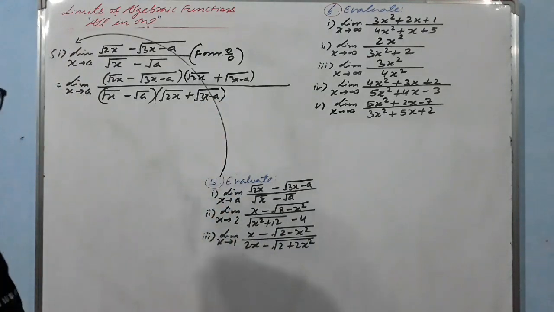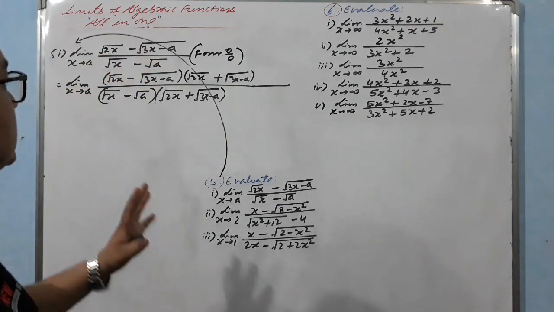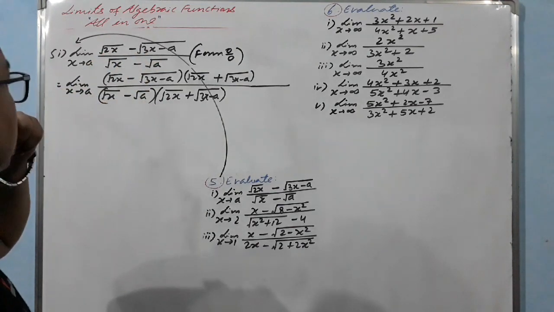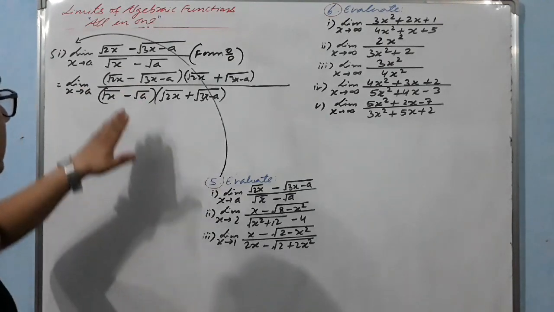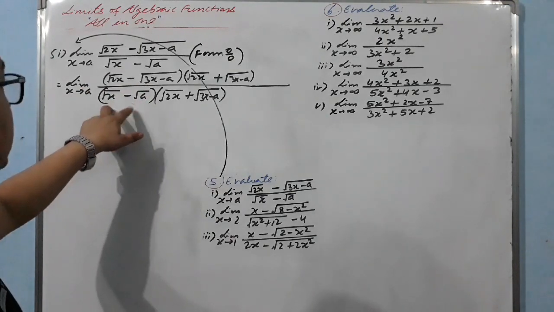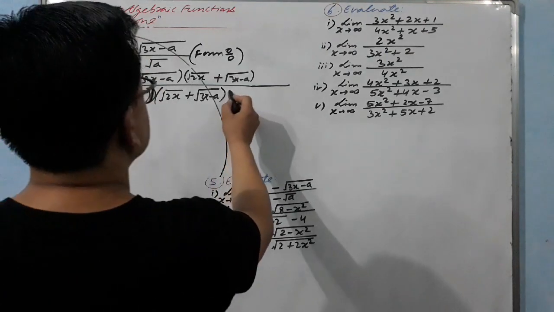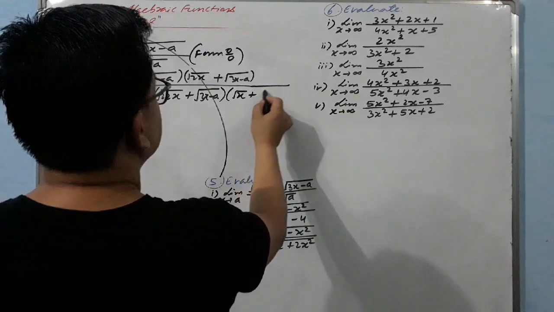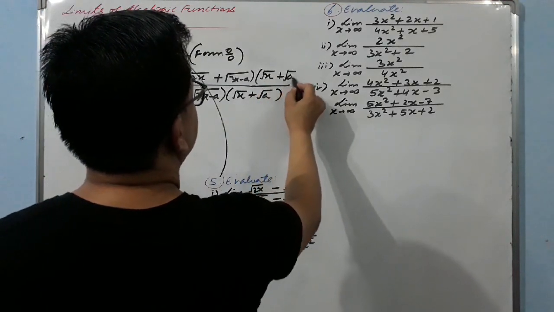Here I have multiplied by the conjugate of the numerator, up and down, I mean to numerator and denominator. Now let's multiply by the conjugate of the denominator. Its conjugate is root x plus root a, and here also root x plus root a.